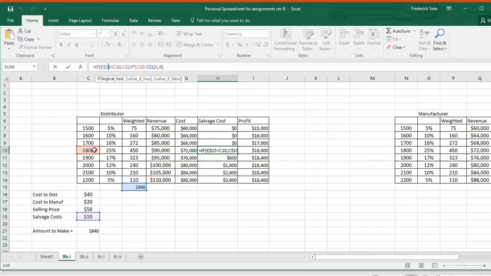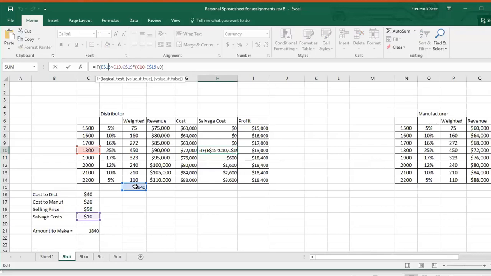Now, when we deal with trying to figure out break-even points for incentives, we basically calculate it based upon best case analysis. So we will assume that the distributor is going to sell exactly what is predicted. In this case, we predict 1,840.